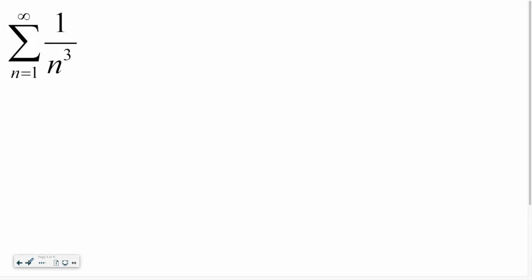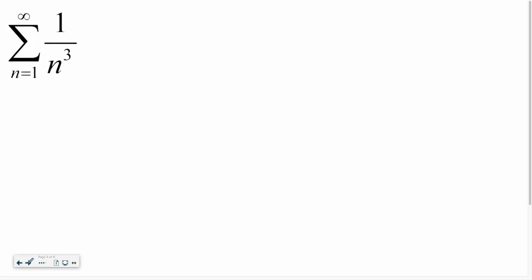When it's not 0, it tells us it diverges. But when it equals 0, it tells us absolutely nothing. It tells us there's a chance that it can. Let's do the integral test next. Let's do the integral test.